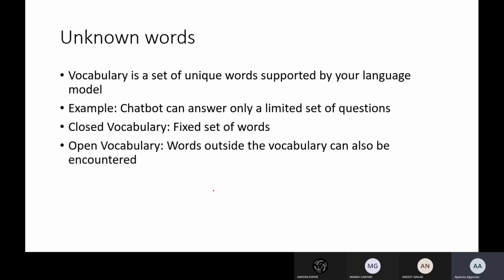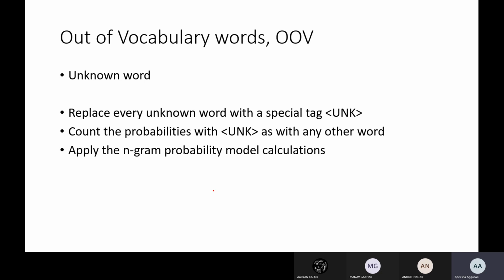After assigning POS tags, there are some words. Suppose in training I had 1,000 words, and while testing the model some new words arrived which were not there in the model previously. These are called out of vocabulary words. In that case, we add a special tag called unknown for new words on which our model has not been trained.